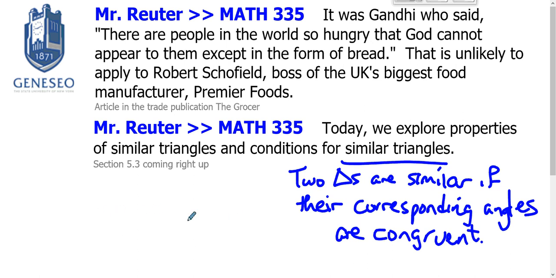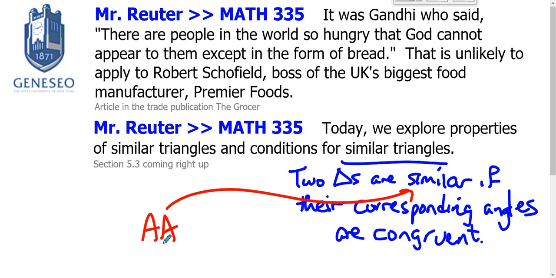Now, when you were in high school, you proved similarity by angle-angle. And the reason you only need two pairs of angles and not three pairs of angles is that we are in a Euclidean geometry. And so the angle sum for every triangle is 180.